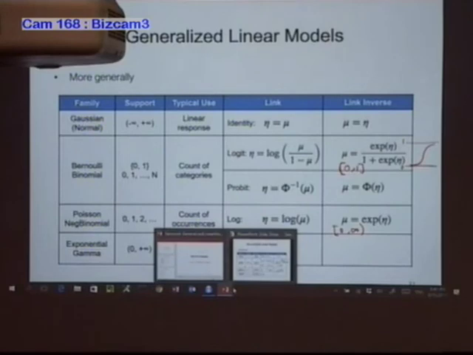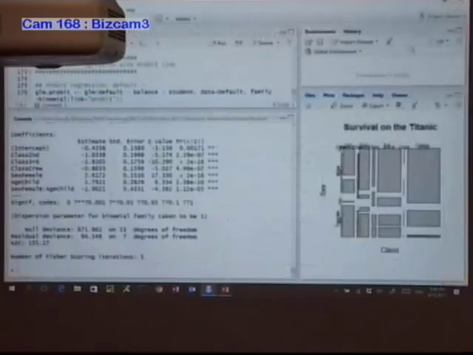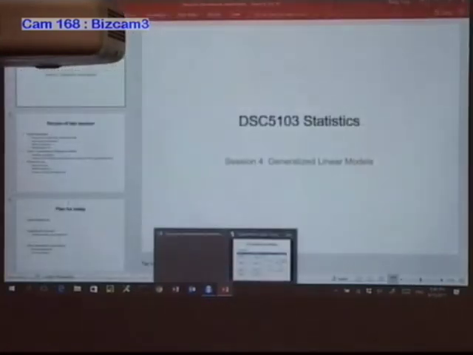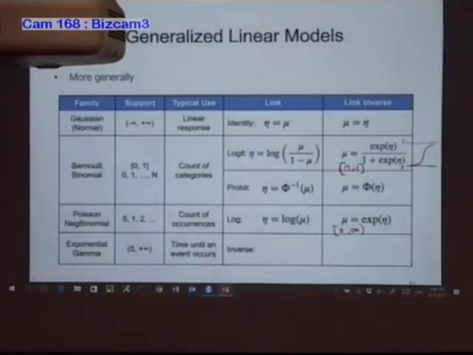Right? And turns out this is what we do. What's the mapping? This is the exponential function, and that's the mapping. Your eta can be anything, but the output is going from 0 to infinity.